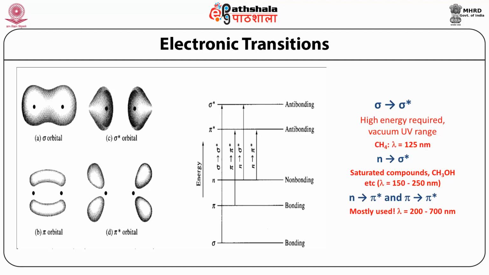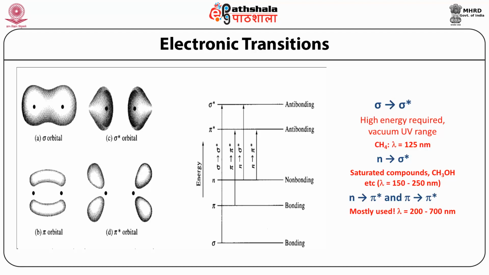N to pi star and pi to pi star transition. Most absorption spectroscopy of organic compounds is based on transition of n or pi electrons to the pi star state. This is because the absorption peaks for these transitions fall in the experimentally convenient region of the spectrum, 200 to 700 nanometers.